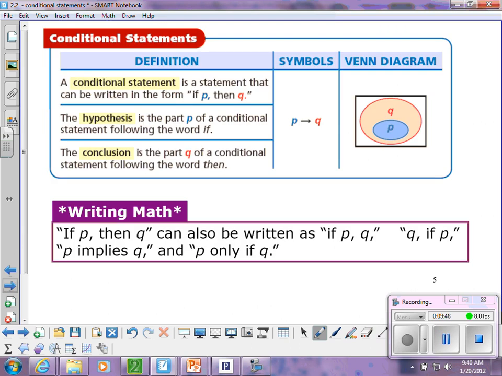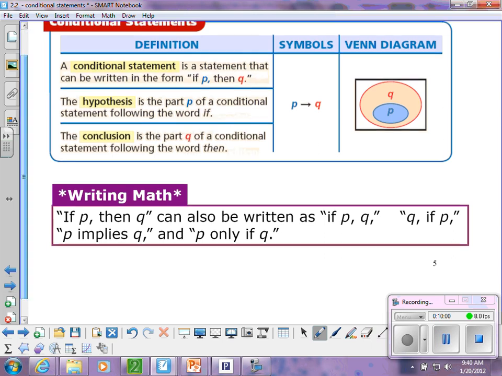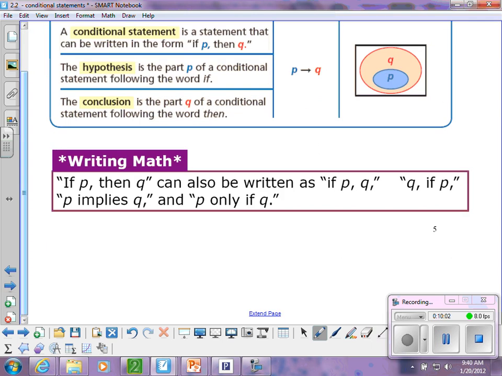A conditional statement is a statement that can be written in the form if P, then Q. The hypothesis follows if. Conclusion follows then. And then it has a diagram also over there for you, okay? Venn diagram. Notice writing math. If P then Q can also be written as if P comma Q, Q comma if P. I don't really like that one, so I don't know why they included it.